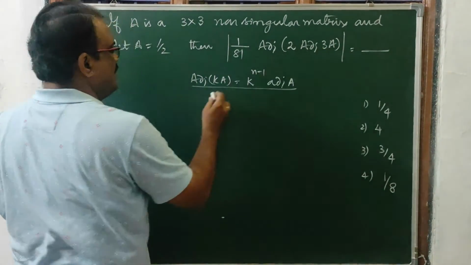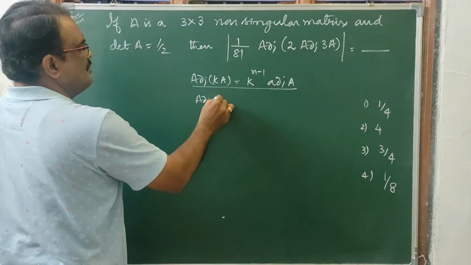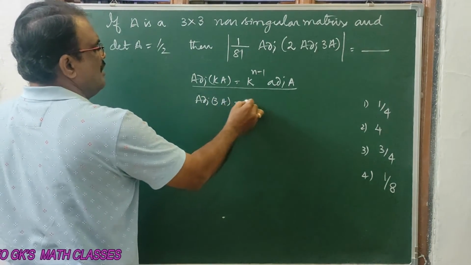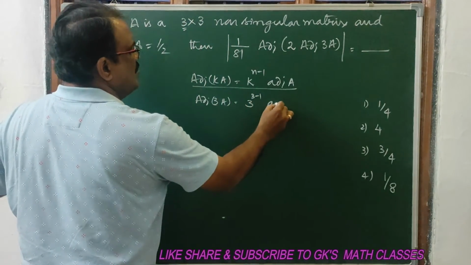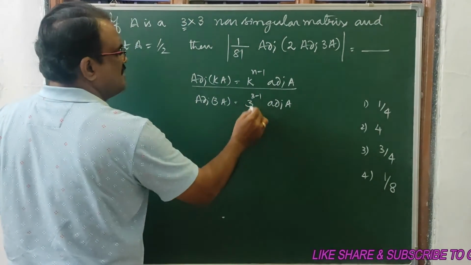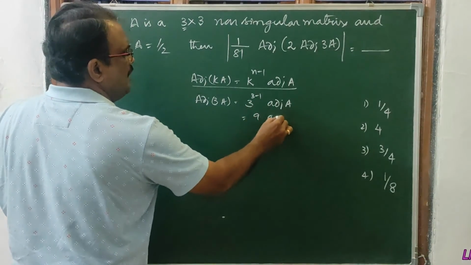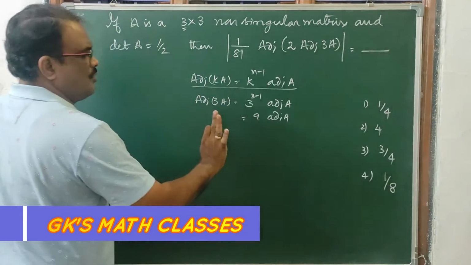Here, adjoint 3A: n is 3, so 3 power 3 minus 1, that is 3 square, 9, into adjoint A. First thing over.